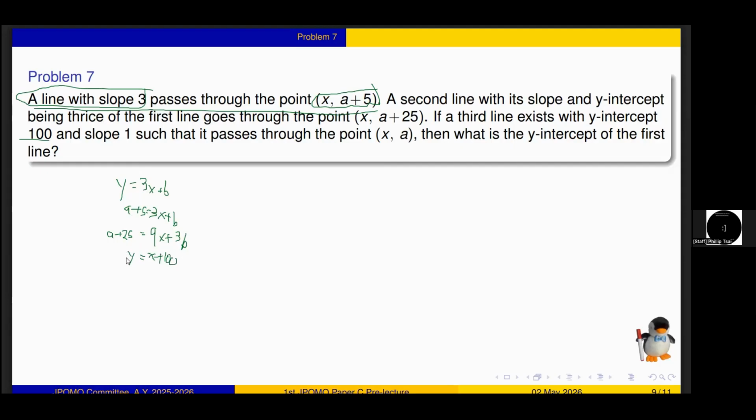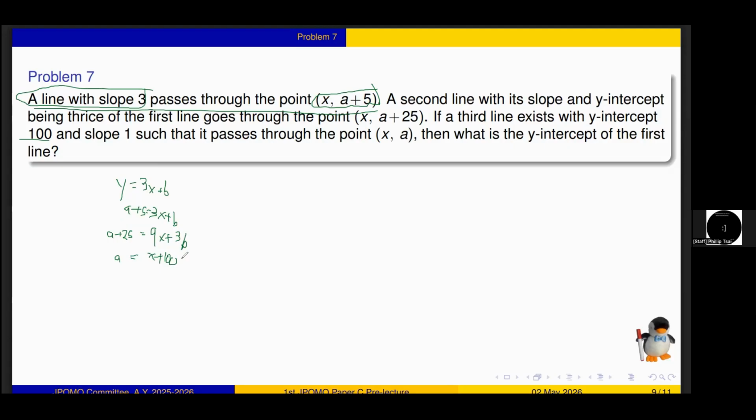We know that a, we can replace y with a, equal to x plus 100. So we have these three equations. So a plus 5 is equal to 3x plus b. a plus 25 is equal to 9x plus 2b. And a is equal to x plus 100.